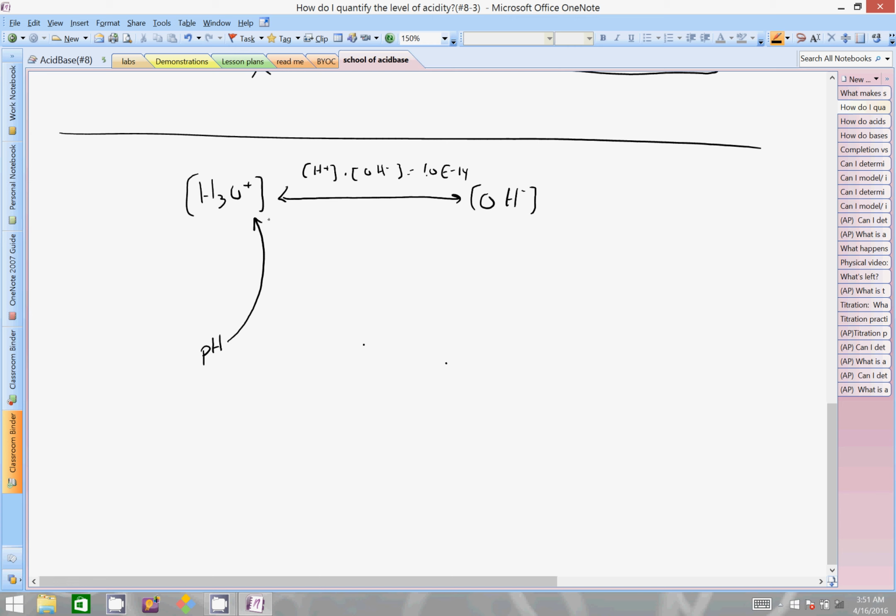If one side's down, the other side's up. So we've become very accustomed to just tracking the H3O plus ions. We can convert back and forth between these values. But there is an alternate system called the pOH system. It just tracks the hydroxide ion concentration.